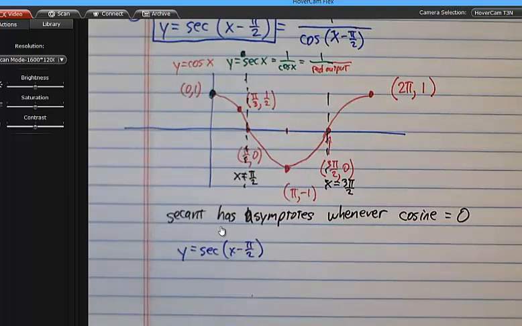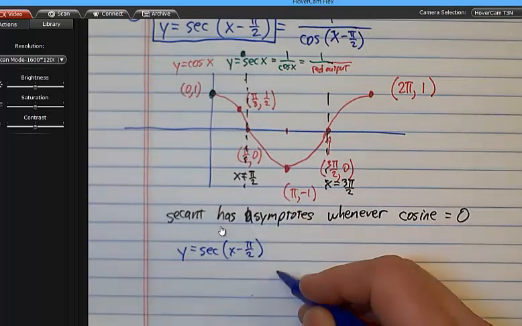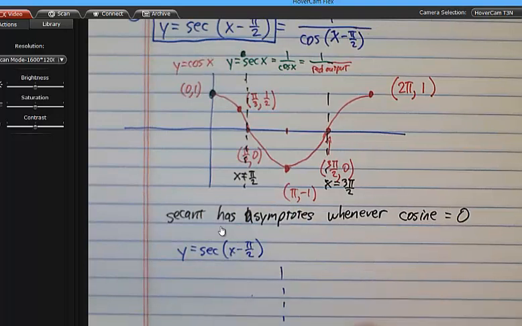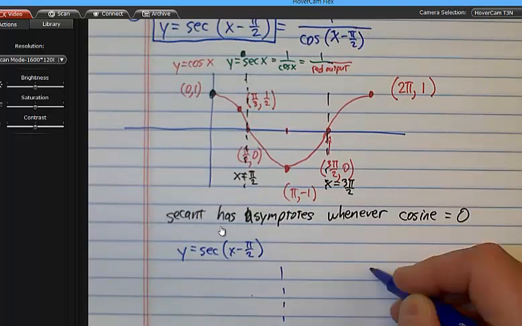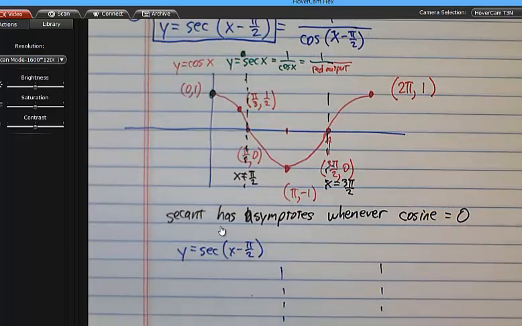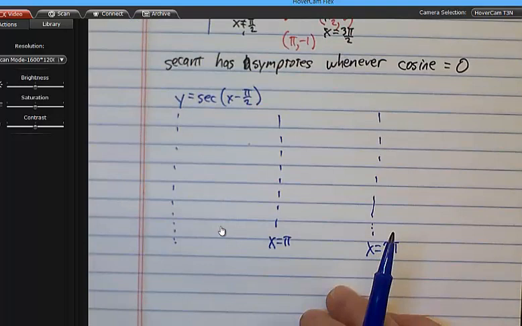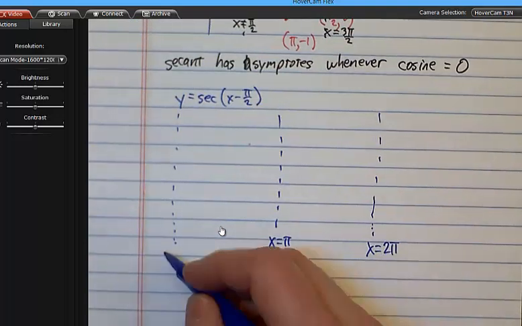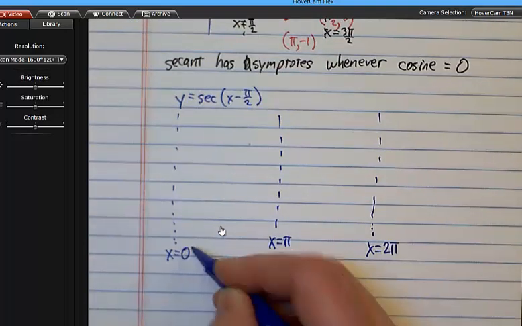They're shifted to the right. I'm going to have an asymptote, for example, at x equals pi. This one shifted to the right is going to be an asymptote at x equals what? 2 pi? By the way, what's this one? There's another asymptote at x equals 0, because again, it was shifted from pi over 2.